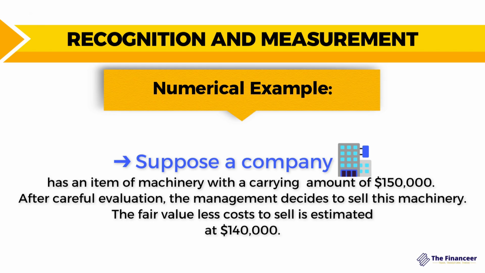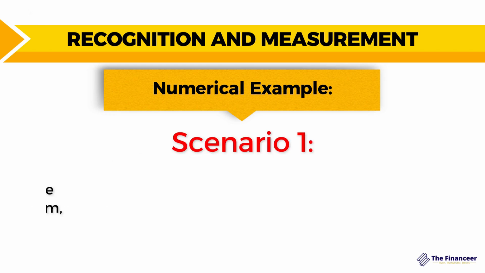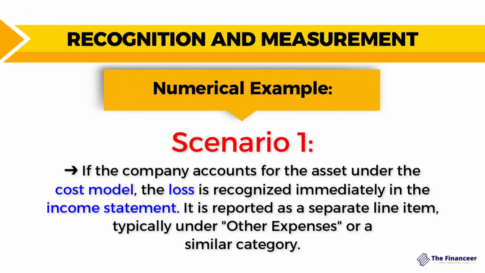To elaborate more on this topic and how to recognize the loss, let's take two different scenarios. If the company accounts for this asset under the cost model that we explained before in IAS number 16 or IAS number 38, because this asset can be PPE or can be an intangible asset, the loss is recognized immediately in the statement of profit or loss, which is the income statement.